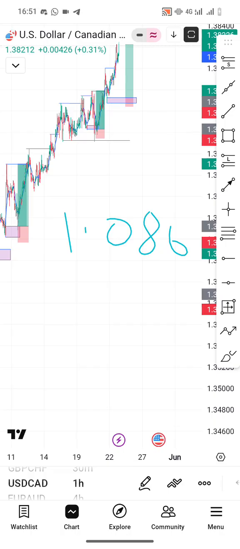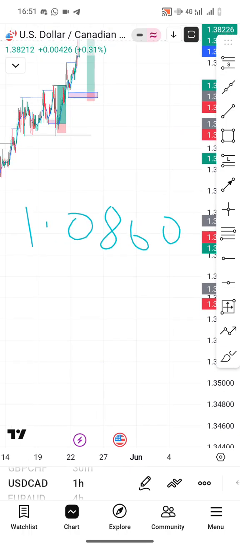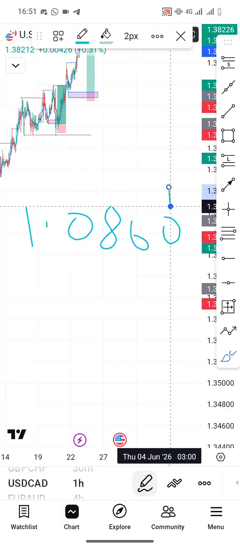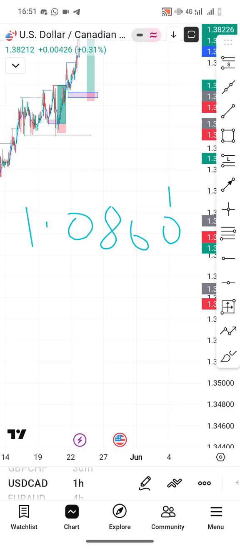So as you can see, we are currently in the chart of USD CAD. So let's say for instance, the USD CAD exchange rate is 1.0860. The best way to identify this is that a pip right here from 0 to 1 is a 1 pip move.